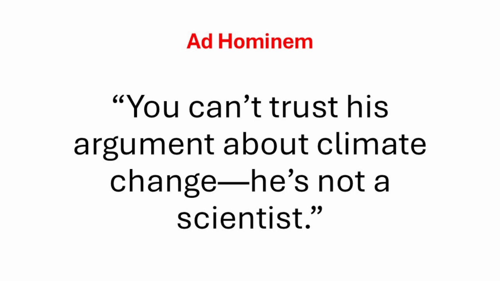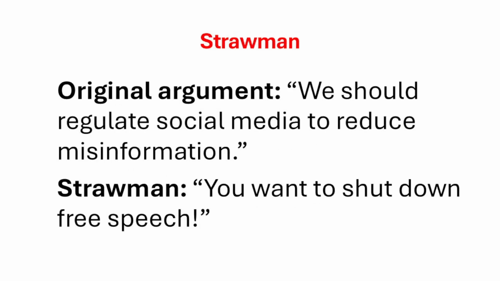So the strawman fallacy misrepresents someone's argument to make it easier to attack. So on the slide we have an example of a straw man fallacy. We have the original argument, or person A, and they said we should regulate social media to reduce misinformation.